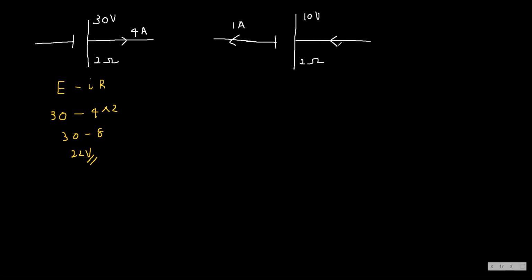If I mark 1 ampere this side, it's passing towards the positive terminal. So E plus IR or E minus IR? E plus IR. So E is 10 plus 2 into 1, then it's 10 plus 2, it's 12 volts. Is it clear?